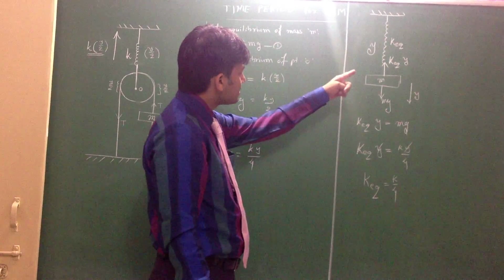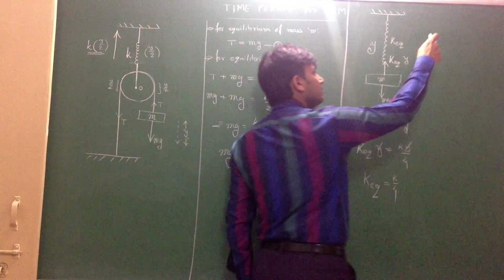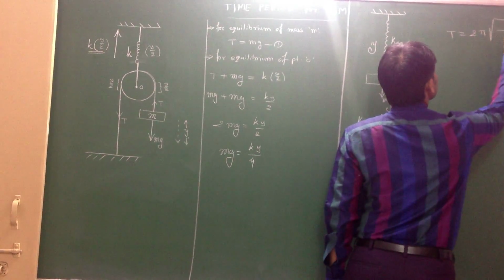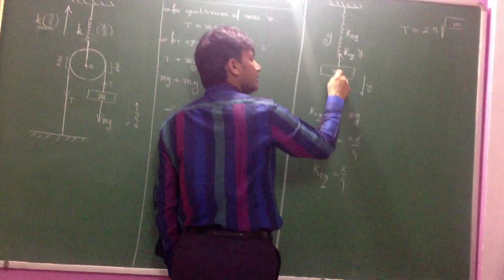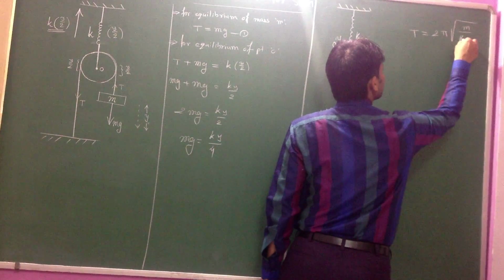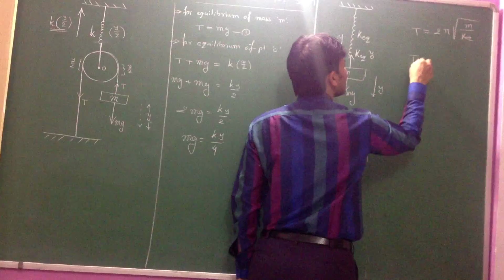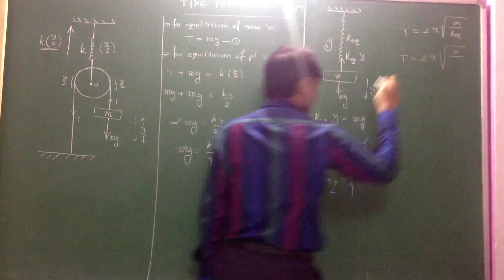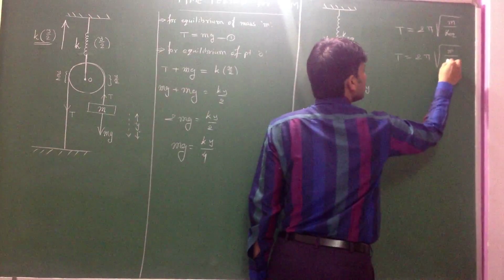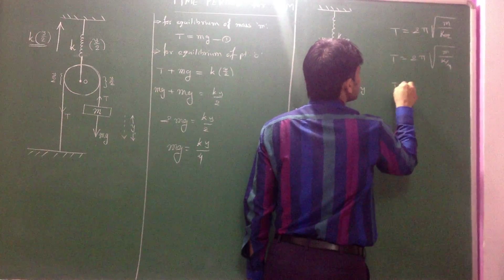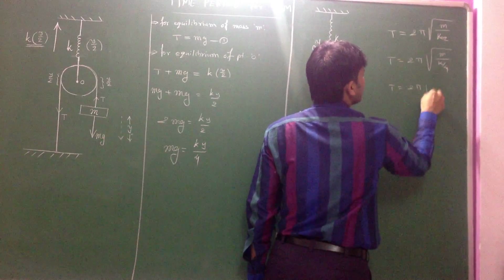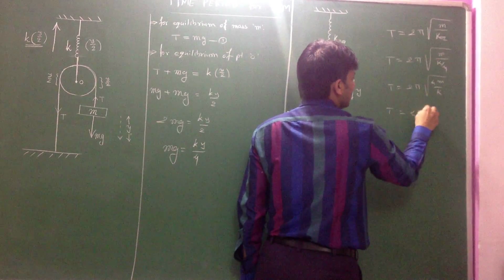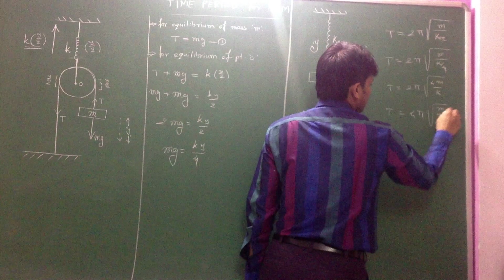Now for this case, we can apply the formula for the time period. The mass suspended is m, and the equivalent force constant is K by 4. So your answer is 4 pi root m by k.